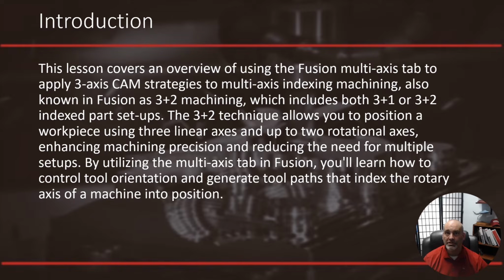The 3+2 technique allows you to position a workpiece using the three linear axes and up to two rotational axes, enhancing machining precision and reducing the need for multiple setups. By utilizing the Multi-Axis tab in Fusion 360, you'll learn how to control the tool orientation and generate toolpaths that index the rotary axis of the machine into position.